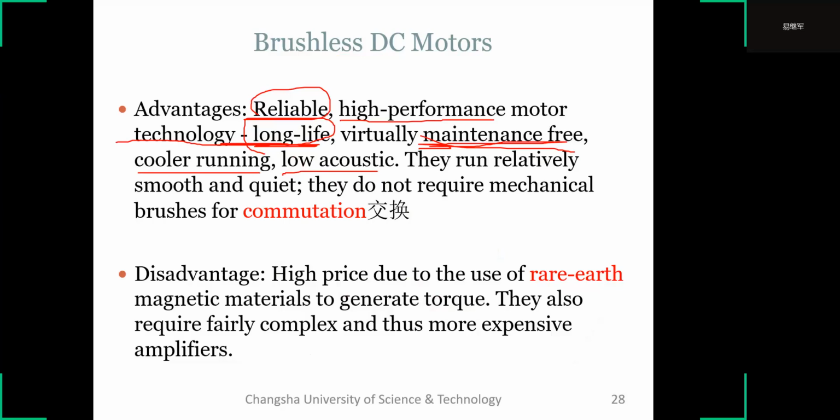They run relatively smooth and quiet. They do not require mechanical brushes for commutation. That's the advantage.